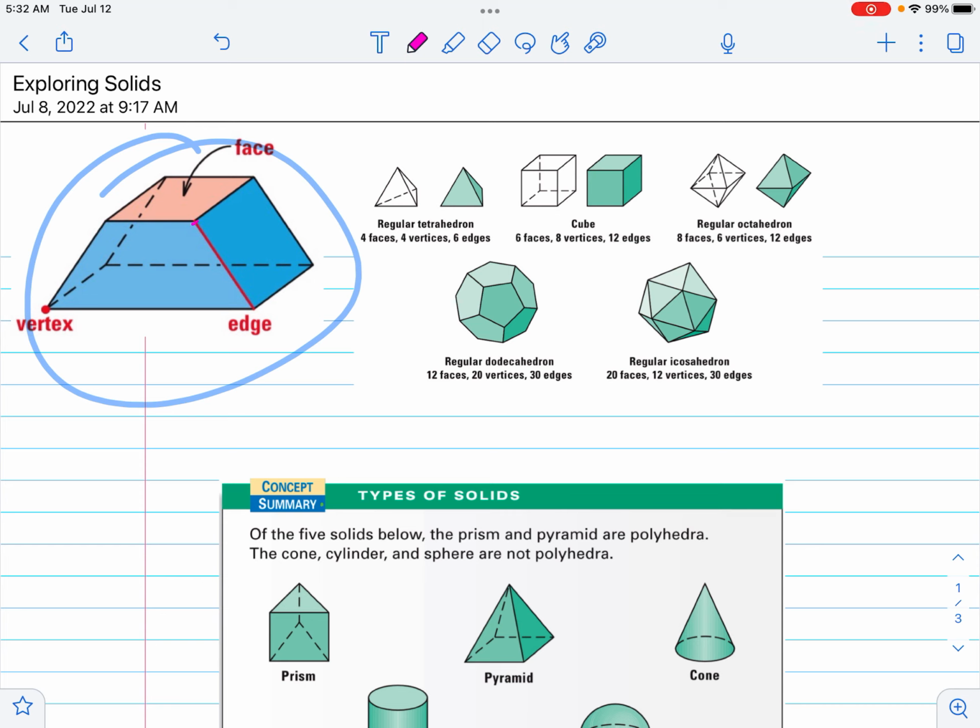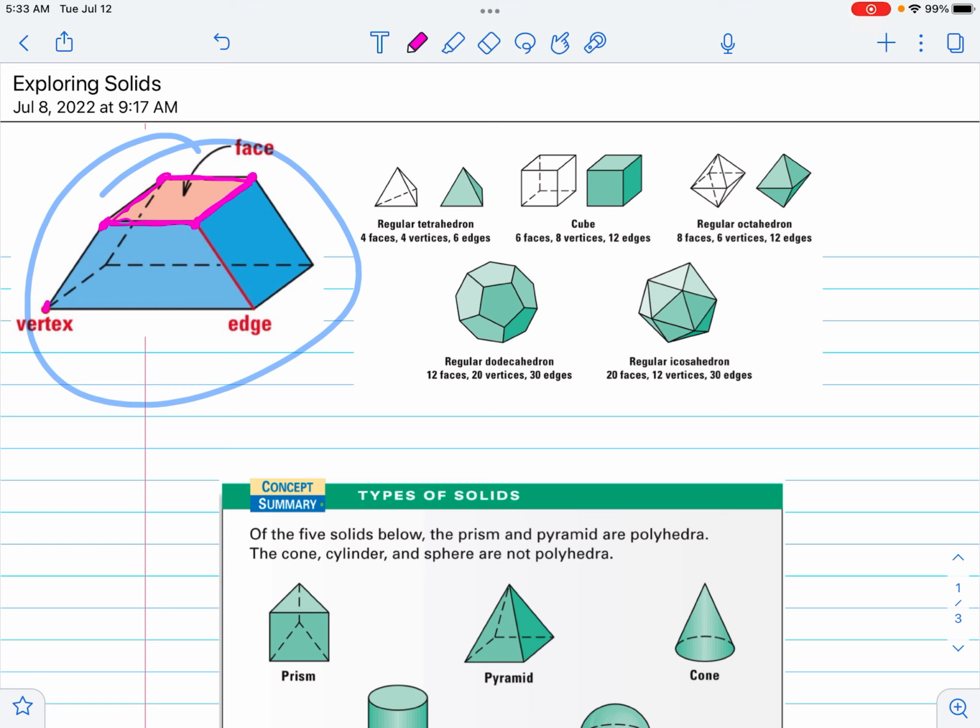Now the faces come together at these little lines here, and these lines are called edges. That's where the polygons come together, edges. And these edges come together at vertices. So you can see the vertices here. So this is a polyhedron.